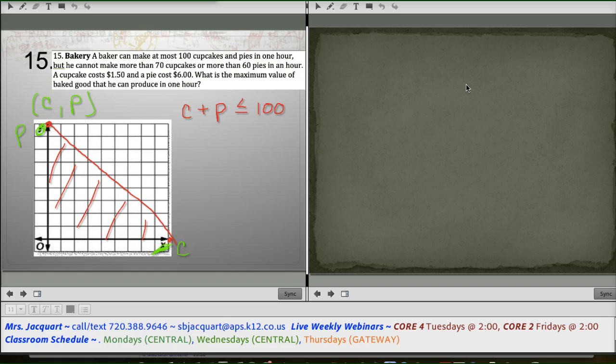Okay, and then the next critical point is that cupcakes is going to be less than or equal to 70. Here's my cupcake, so we're going to go 70. And then we're going to do our pies have to be less than or equal to 60.